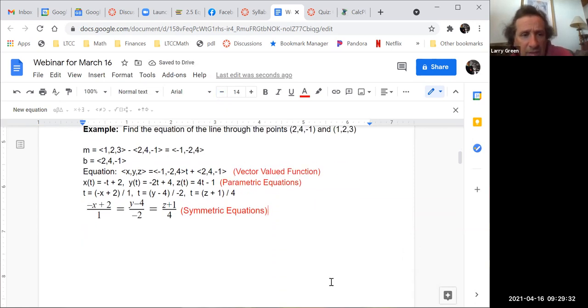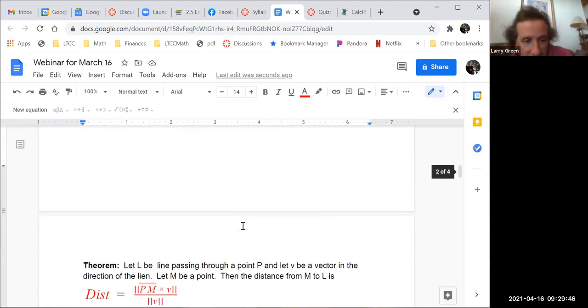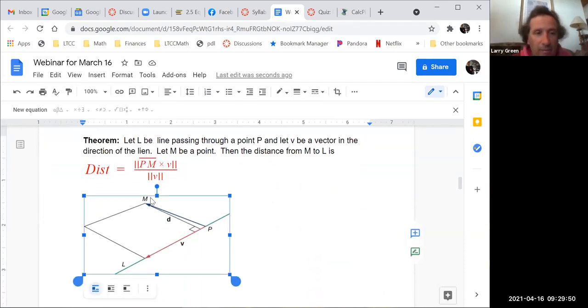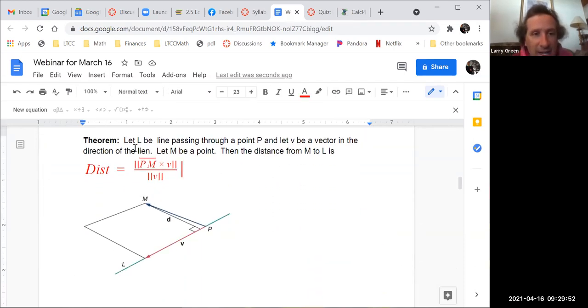Any questions on finding the equation of a line through 2 points? Okay, now that we know how to deal with lines, we're going to be using this all over the place. Let's do some more stuff. It's a theorem. Let's say L is a line passing through a point P, and V is a vector in the direction of the line.